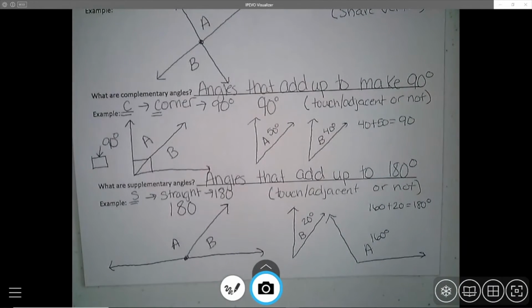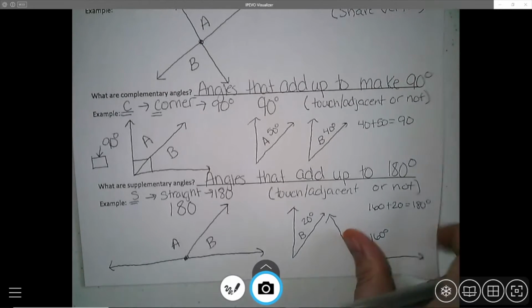So physically, just like we had to do on that second complementary one, I need to add them together to check to see if they add up to 180 degrees. Okay, now we have one more before we look at examples of these.